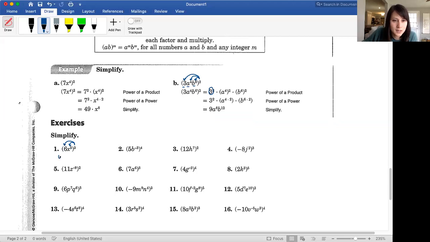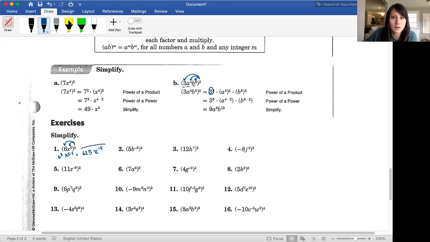So we have 6 to the third times x to the 5th to the third, all right? And so if you want to use your calculator to find out what 6 to the third would be, my guess is this would be 625 times x, 5 times 3 is 15, times x to the 15th.